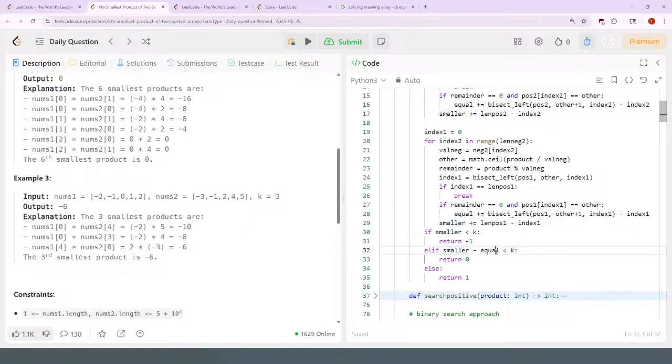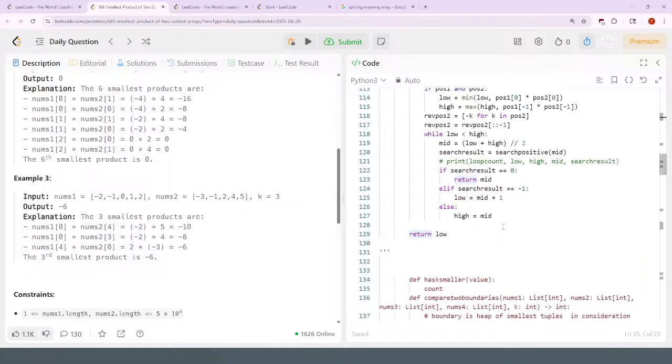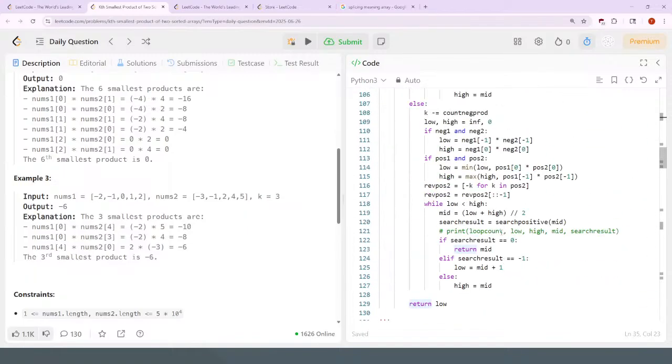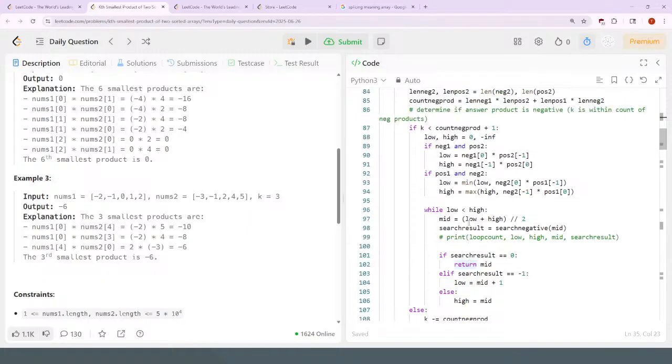If I remove it and now it's out of range, that means that within the range that was removed was k. So I return 0. Otherwise, k is too big and I need to get something smaller, so I return 1. So that was the logic for searching the negatives.